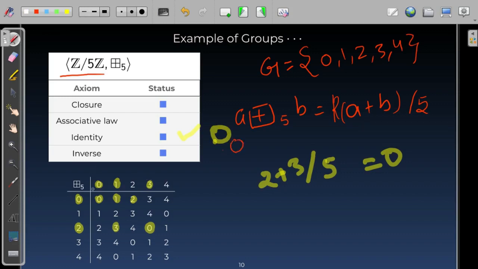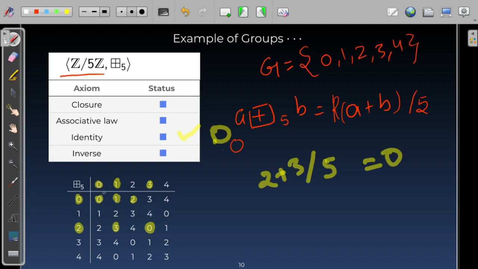You can see that in this Cayley table, which is called a Cayley table in honor of the person who first used it, Arthur Cayley, a British mathematician. In this Cayley table, you can see that all the elements in each column are different, and that's the case with the rows as well.